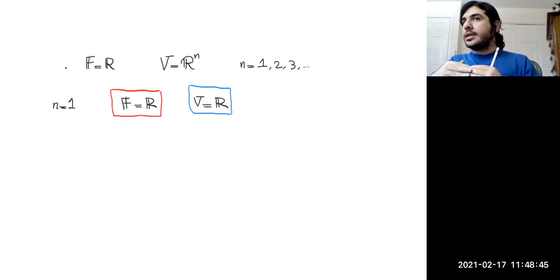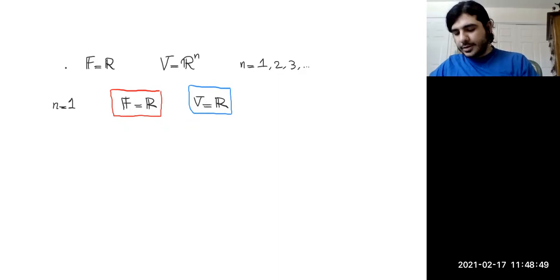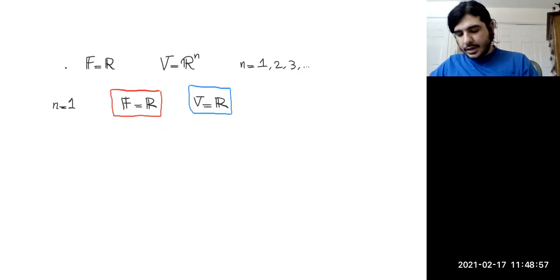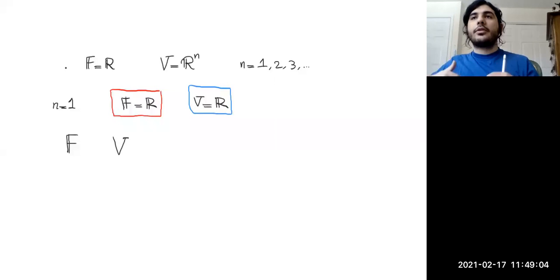So I want to change the algebraic structure of the vector space. So in order to not confuse between R as a field and R as a vector space, I keep on using F for the field and V as the vector space. Note that as a set, both of them are just real numbers.